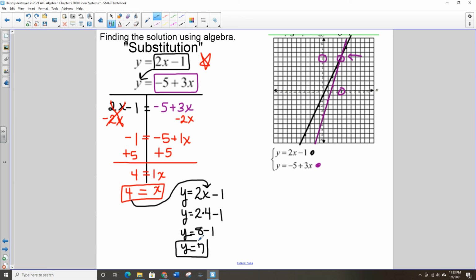Is the answer 4, 7 or 7, 4? Hopefully you said 4, 7. And not just because you found the 4 first, but because when we list coordinates, we always do x first and y second. And if you have a question about that, just remember x comes before y in the alphabet. And if you're like, but wait, I thought we did the y first, you're probably thinking of slope.